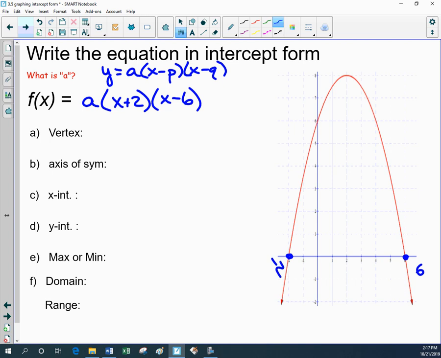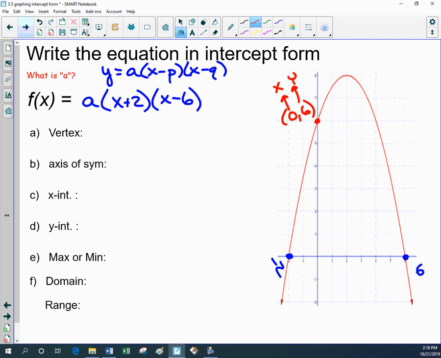Okay, so now what we've got to find is the value of a. To find the value of a, we're going to pick a point on the graph. Typically the point that I choose to use, if it's available, is the y-intercept. So the y-intercept is at 0, 6. So we're going to plug 0 in for x, plug 6 in for y, and then solve for a.